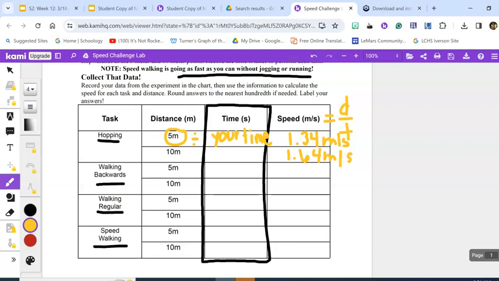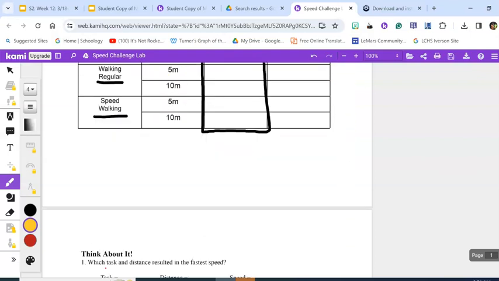Because 1.64 is more meters per second. So when you look at speed, you have to look at it a little bit differently than time. Because when you look at 1.34, you're like, oh, okay, well, that's fine, but 1.64 is slower. No, 1.64 seconds is slower, but 1.64 meters per second is faster than 1.3 meters per second. Okay, now go to the back.